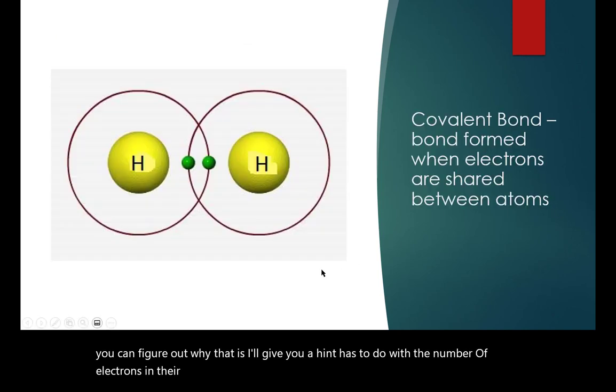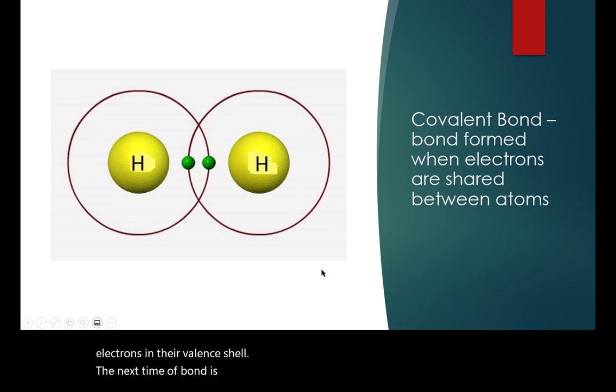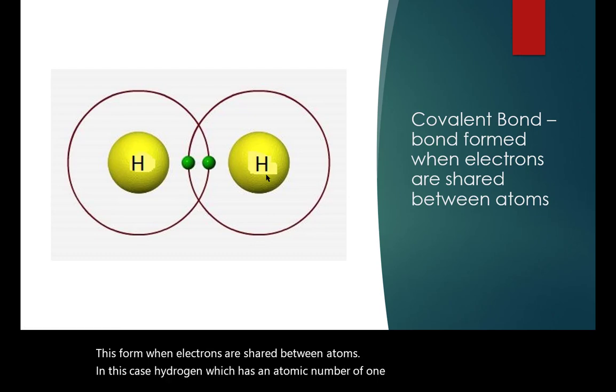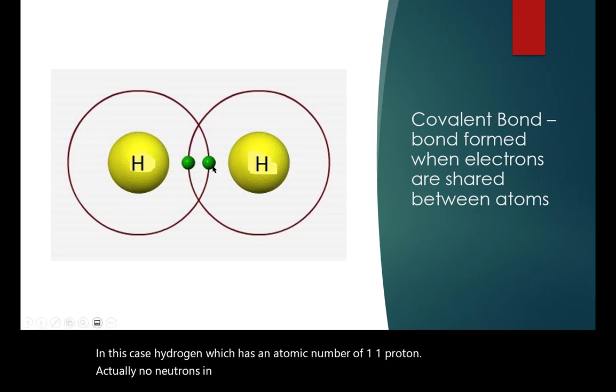The next type of bond is a covalent bond. Valent, that's referring to that valence shell. This is a bond that is formed when electrons are shared between atoms. In this case, hydrogen, which has an atomic number of 1 proton, actually no neutrons in a hydrogen atom, and 1 electron.